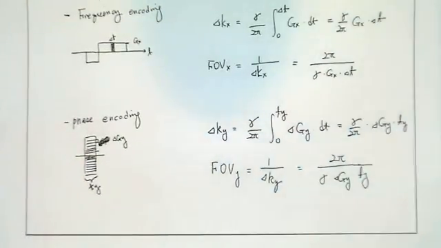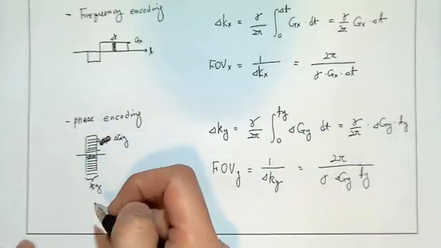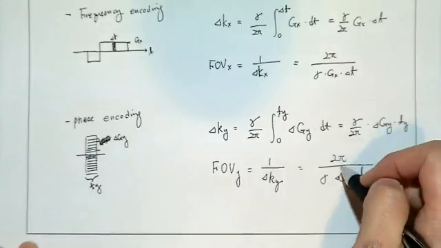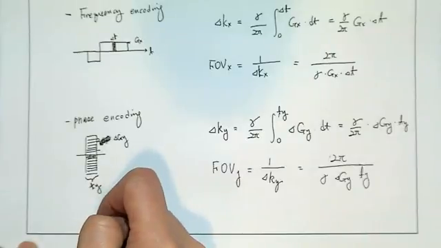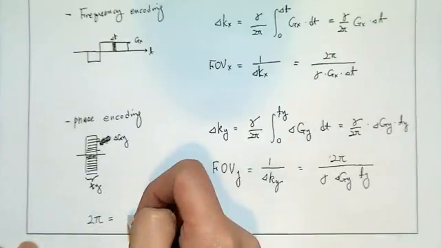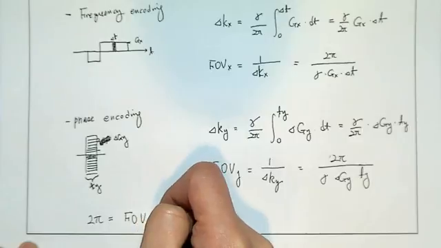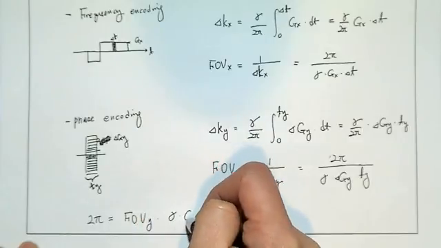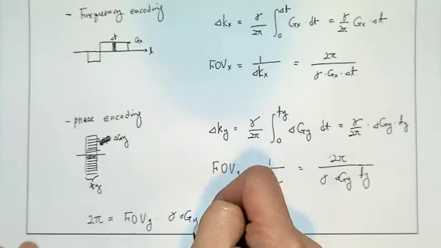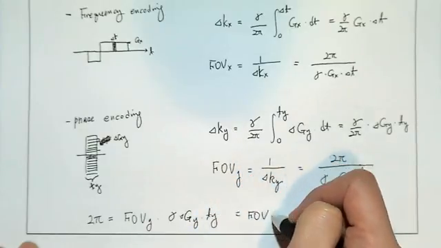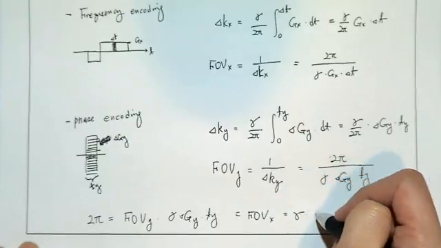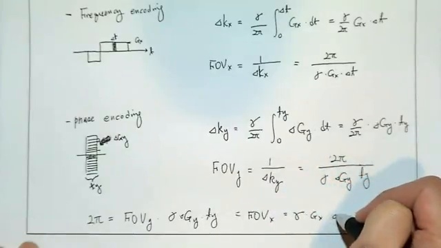And the last one is something kind of interesting. There's always a 2 pi component here, right? And a 2 pi component here. So you can rewrite it as 2 pi is equal to field of view y times gamma delta gy times ty, or field of view x times gamma gx.